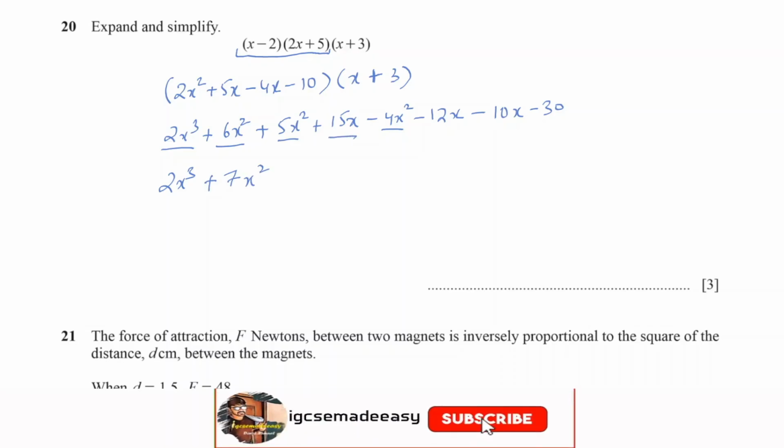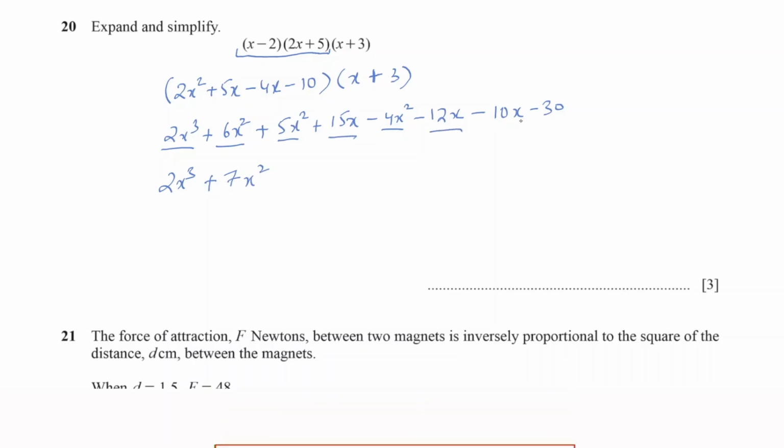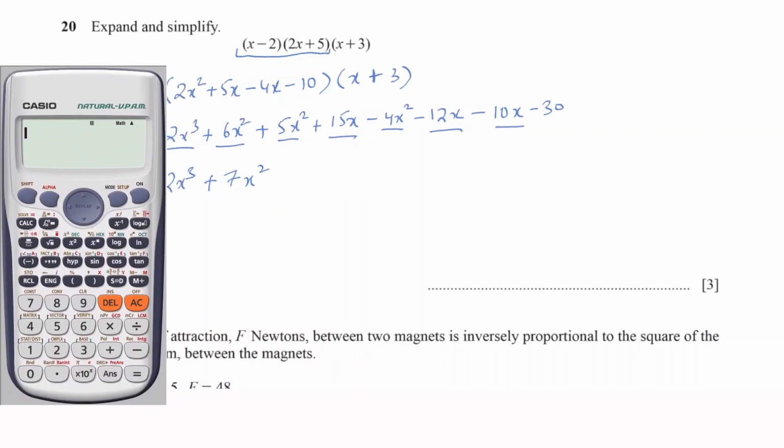And then 15x, then minus 12x, and then minus 10x. We can also use a calculator, I'll tell you how to do that. So we have 15, and we have minus 12, then we have minus 10. All the three terms have x, so I am just writing 15 minus 12 minus 10. That gives you minus 7. That's all, finished.